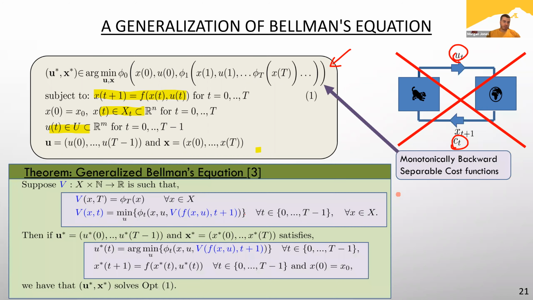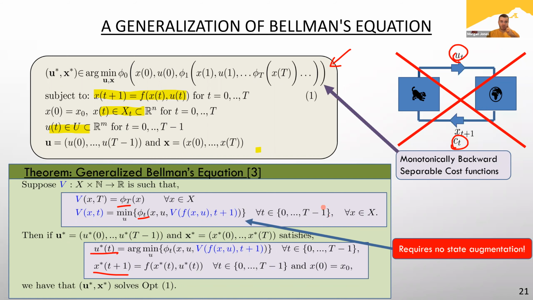So we were able to generalize the Bellman equation to solve problems of this class. Now the Bellman equation involves these phi maps. And we showed that if you could solve this equation, then you can derive an optimal input and optimal state sequence according to these equations. And solving this generalization of Bellman's equation requires no state augmentation.